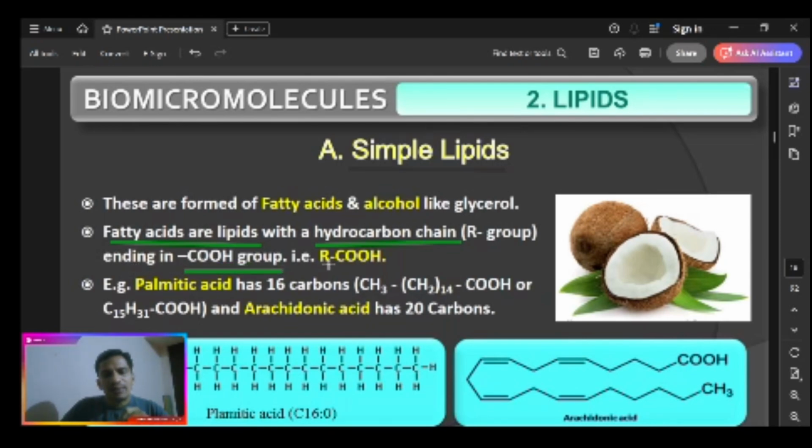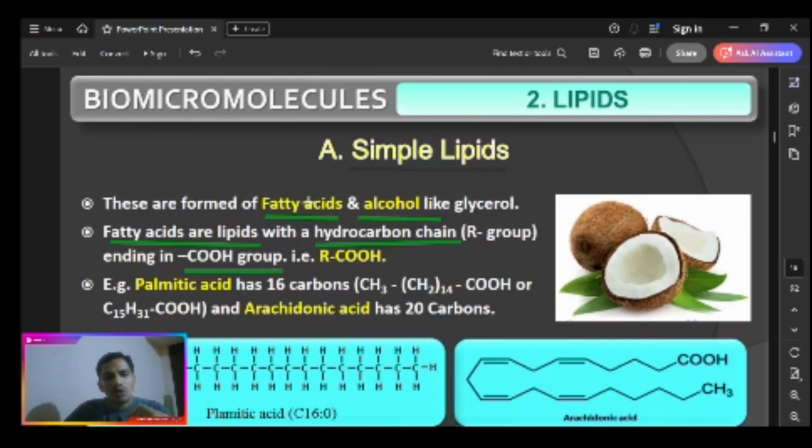Means here R should have a COOH. Simple lipids are generally fatty acids and alcohol. This is glycerol. Glycerol is one kind of alcohol. These are formed of fatty acids. Fatty acids plus alcohol is nothing but a simple lipid.